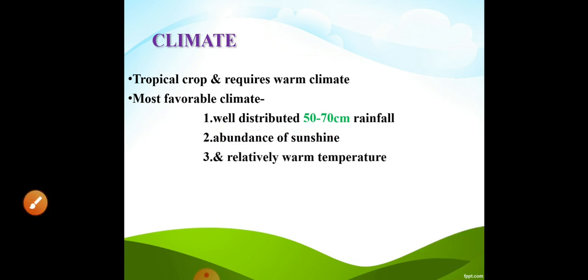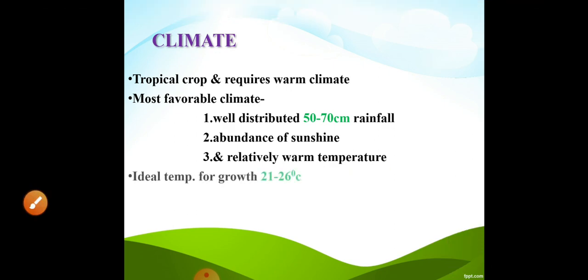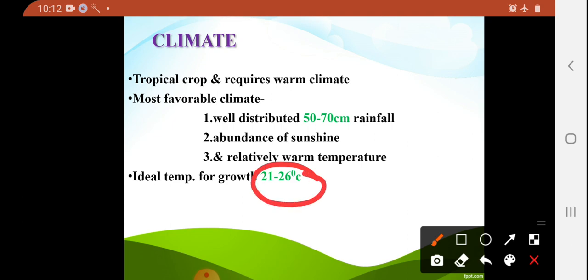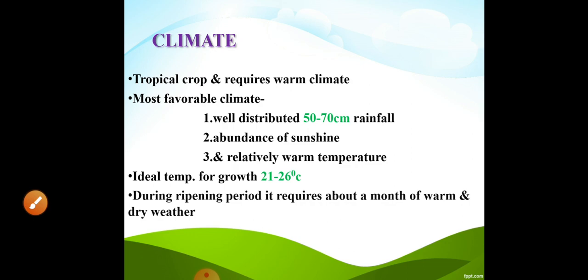And the next important thing is that it requires relatively warm temperature. See, the ideal temperature required for the growth of this groundnut is 21 to 26 degrees Celsius. That is the ideal temperature, especially during the ripening period. Ripening means at the time of pod filling stage.